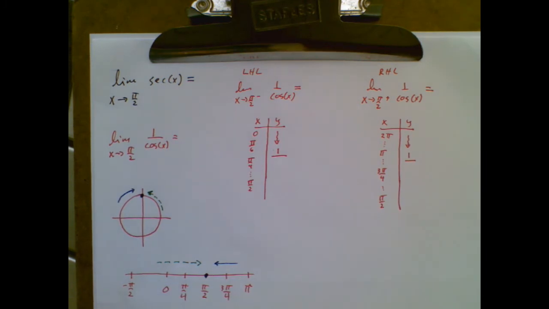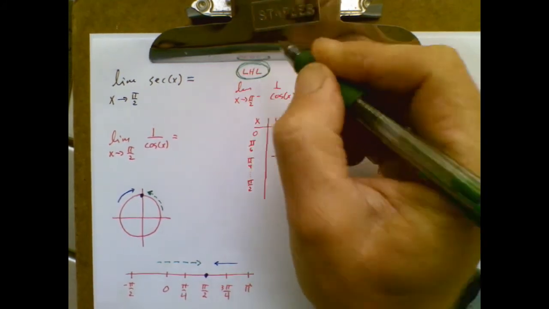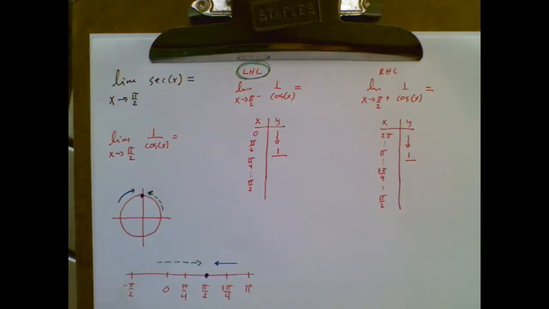So in the drawings that I have below, we're going to have the left-hand limit be in green. If you think about trigonometry like a regular old number line, as I approach pi over 2 from the left, I'm coming in from this direction, which is how I'm getting these values on here.